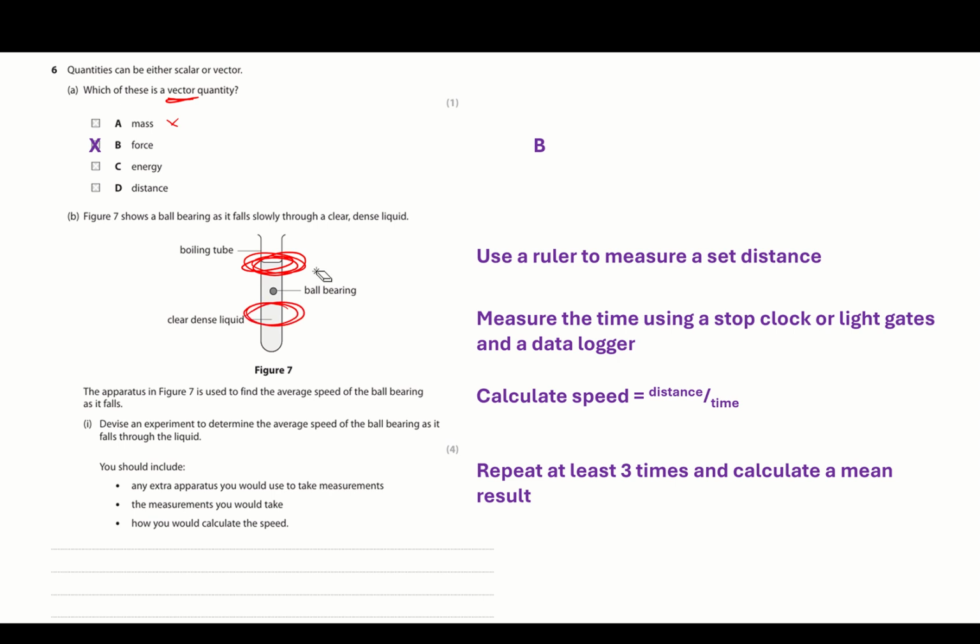And maybe a nice way of looking at this is, I'm going to measure a distance here, measure a distance here, and measure a distance here. And then I'm going to time it, time it, time it. These are all the same distances. And if it's falling at a constant speed, that should equal that, should equal that.